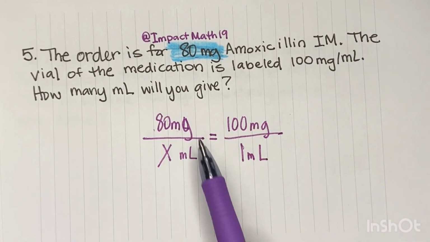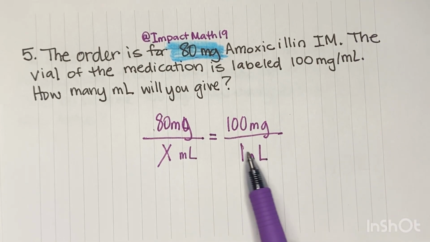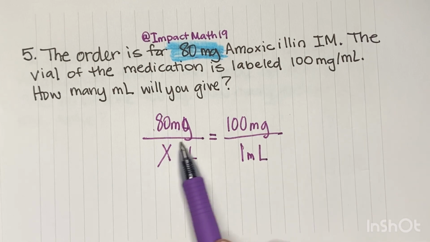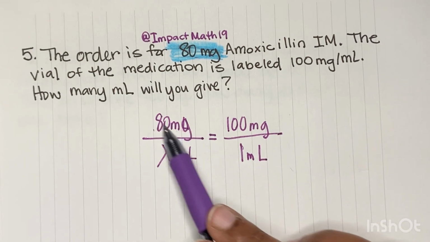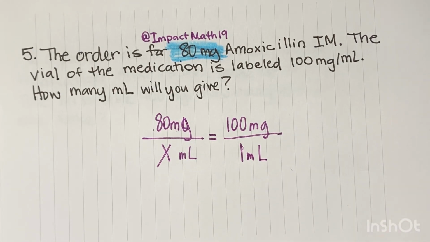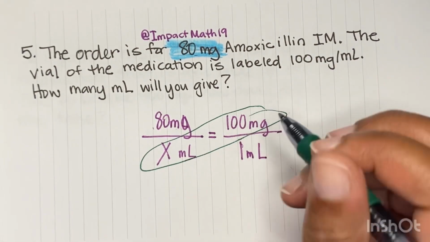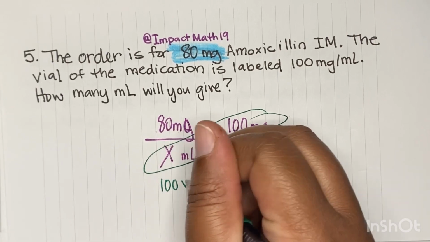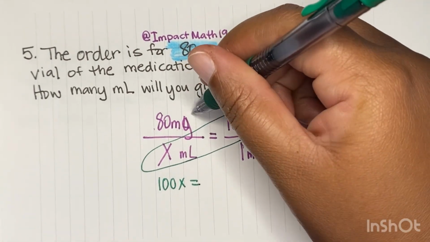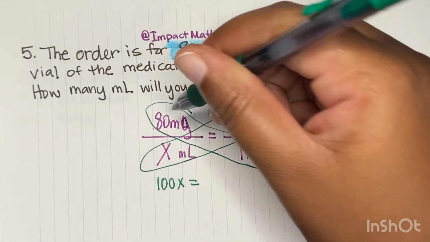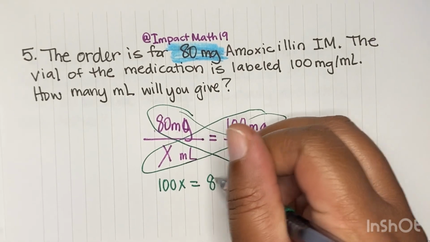And now that we have our matching units on top and our matching units on bottom, and this is a proportion, we can cross multiply. Okay. So we're going to do 100 times x, which is going to be 100x, equal to, and then we're going to do 80 times 1, which is 80.